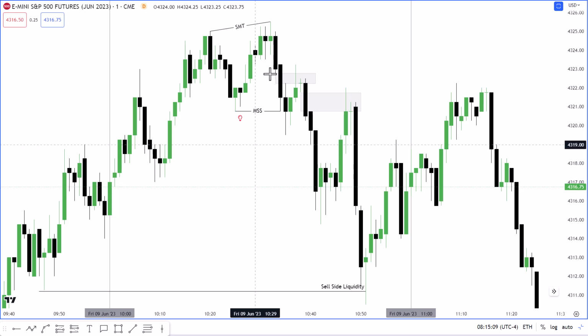Imagine we have three candles here: candle 1, candle 2, and candle 3. Candle 1 has a body, a wick and a close. Now look at the wick of candle 1 right here. Yes, this is the wick of candle 1. And then we have candle 3.